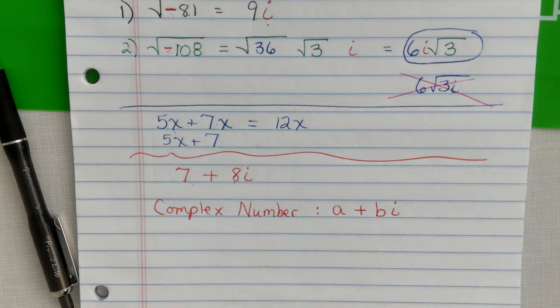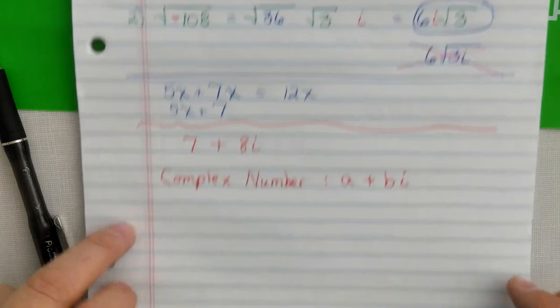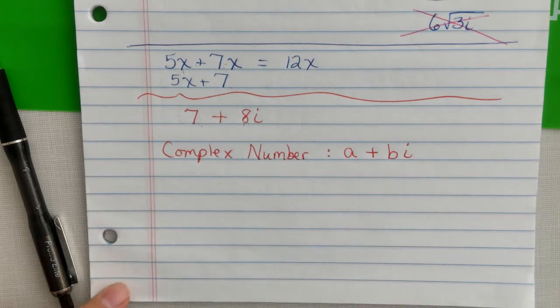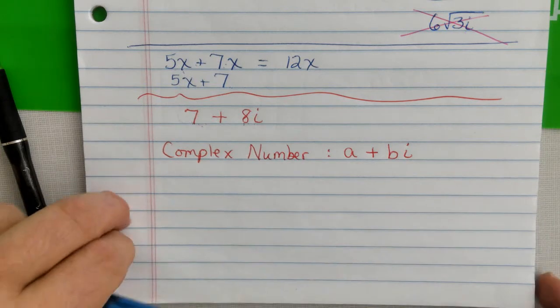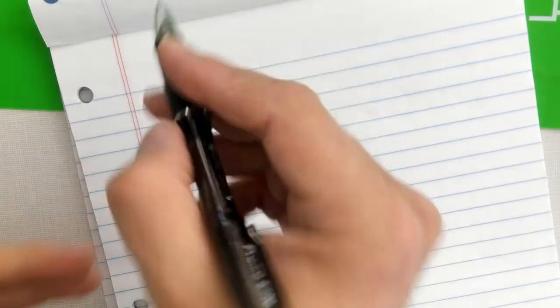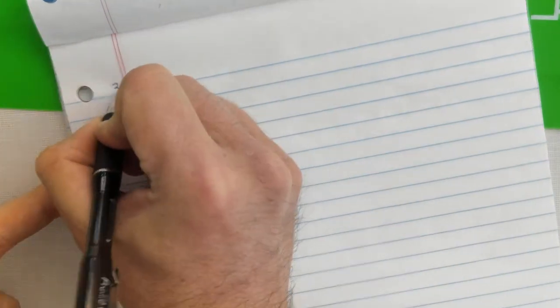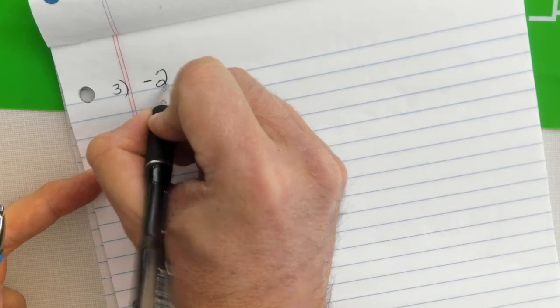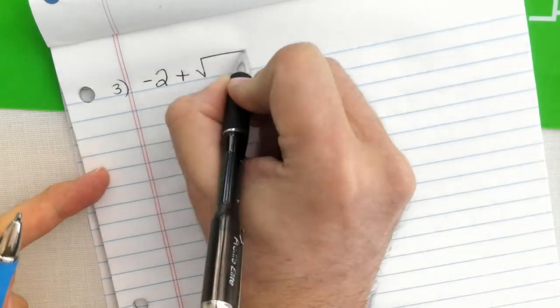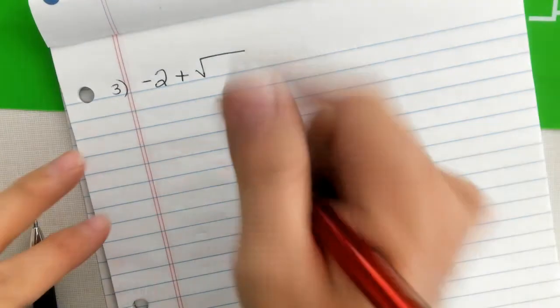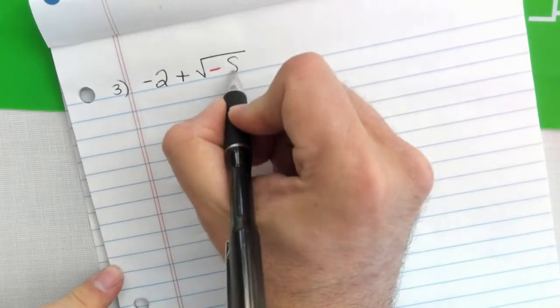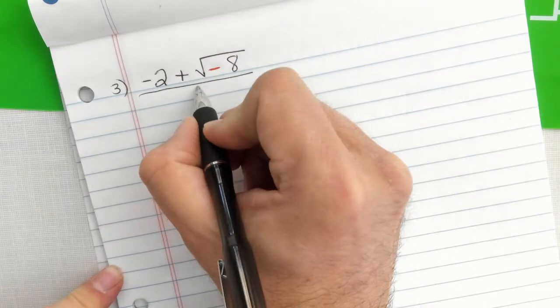So let me write this problem down. Problem 3: negative 2 plus the square root of 8, all over 2.